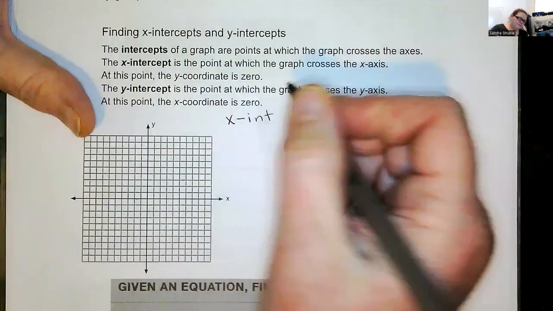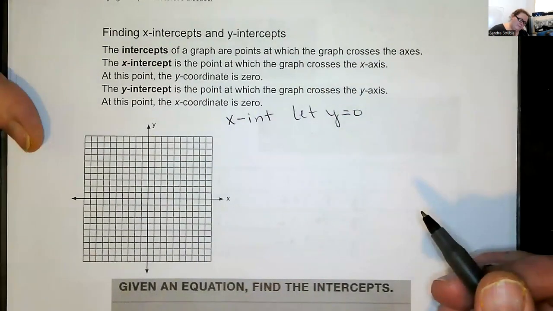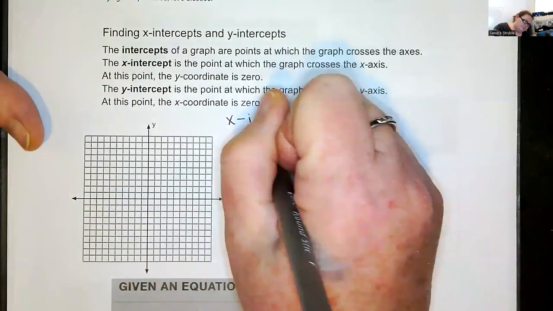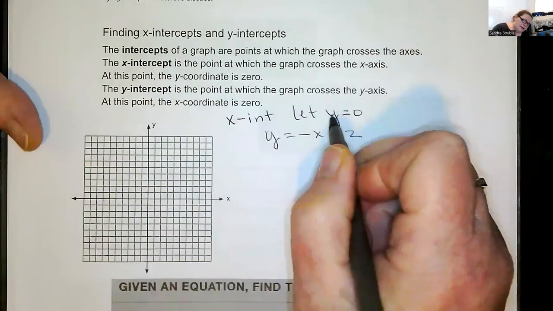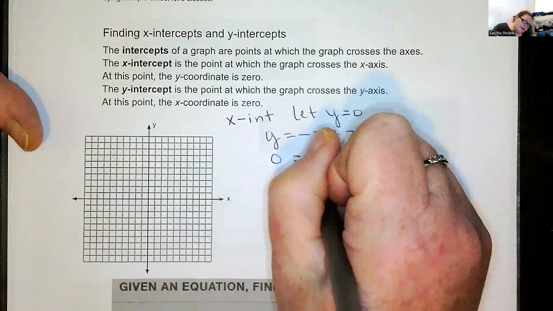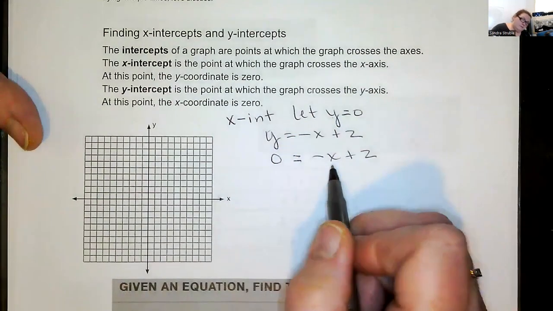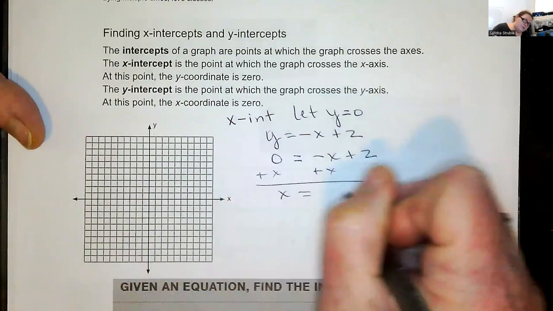So when I do that, I'm going to go back to the same one I had up there, which was y equals -x plus 2. I'm going to let y equal 0. And I get 0 = -x plus 2. Solving for x, adding x to both sides, I get x is equal to 2.